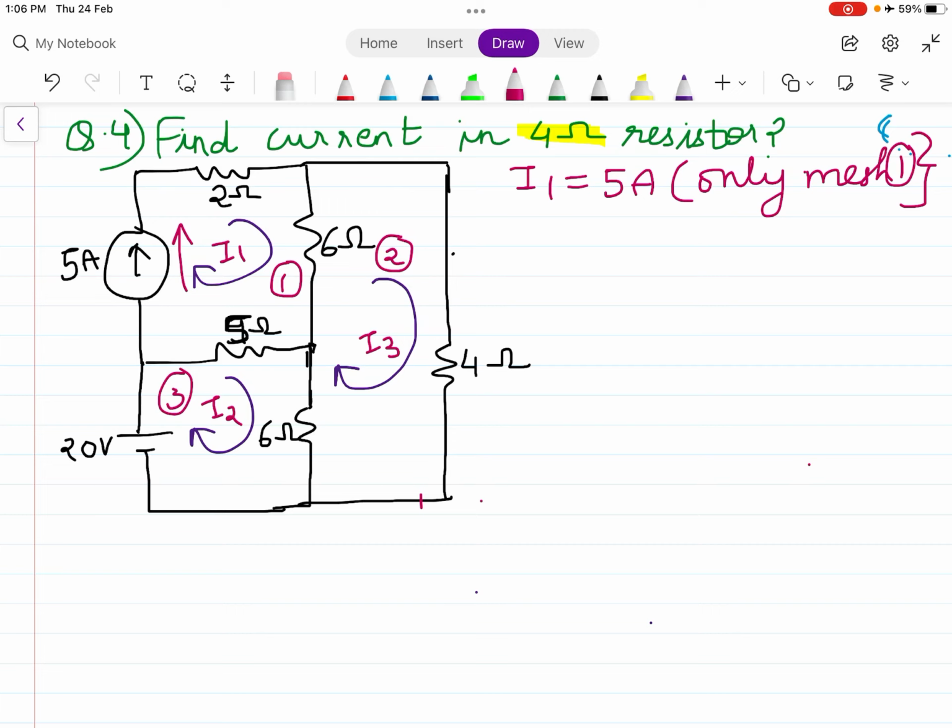Suppose I1 was downwards and we are assuming the current to be clockwise, then our assumption is wrong, so we would say I1 is minus 5 ampere, because this direction and this direction are opposite. But here this direction and this direction are the same. So we say it as positive 5 amperes.